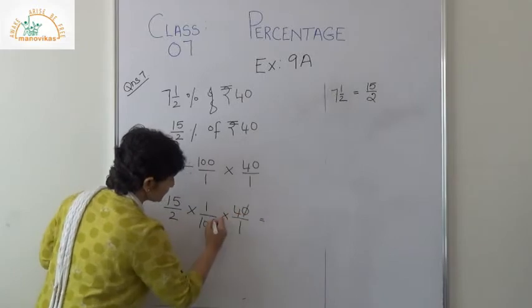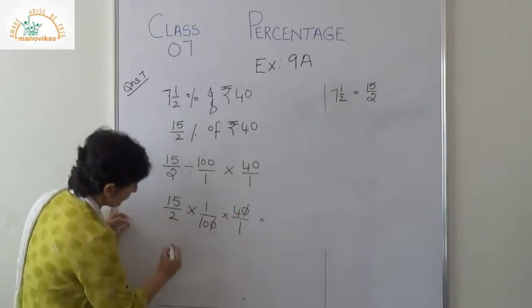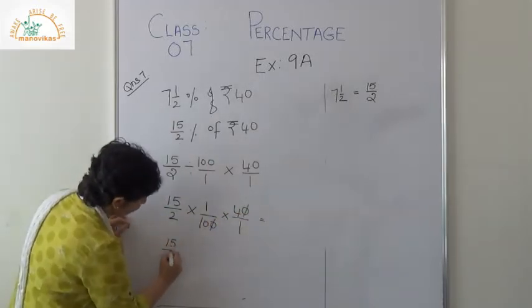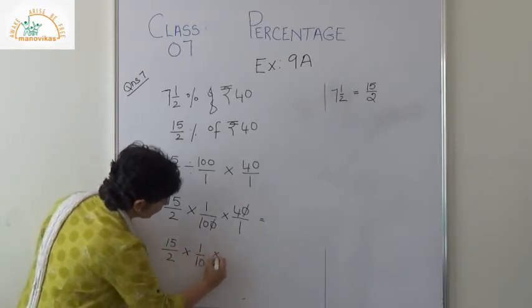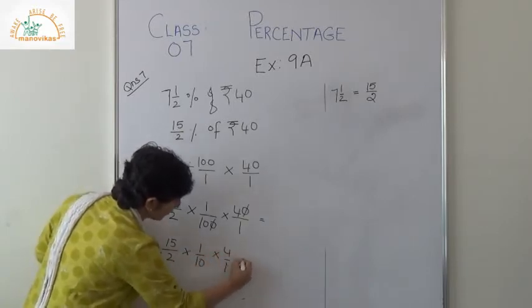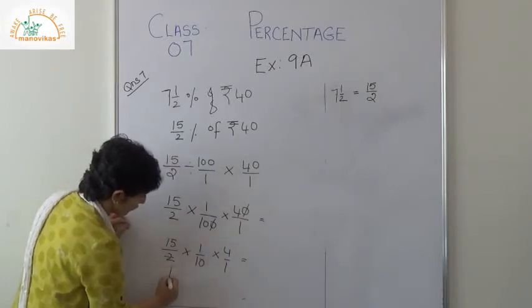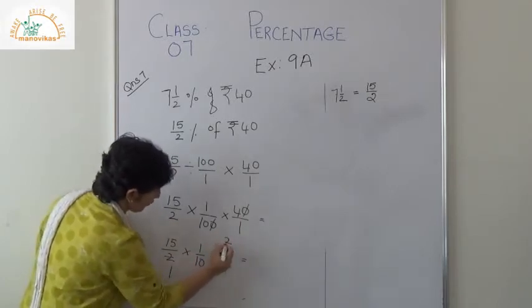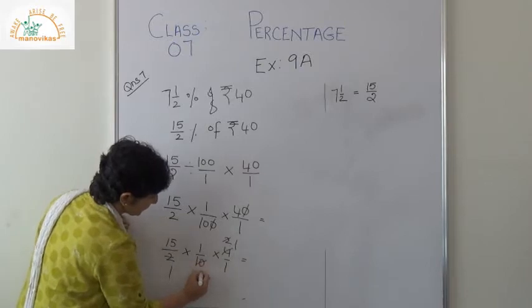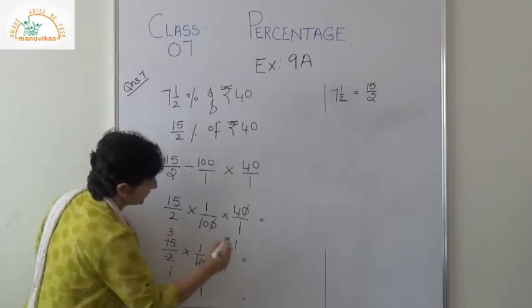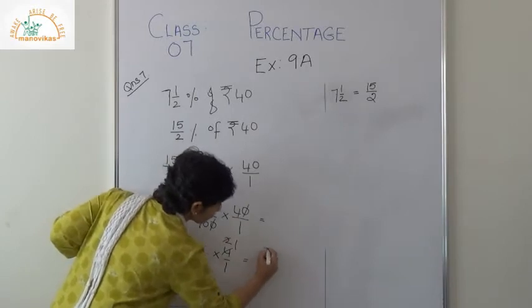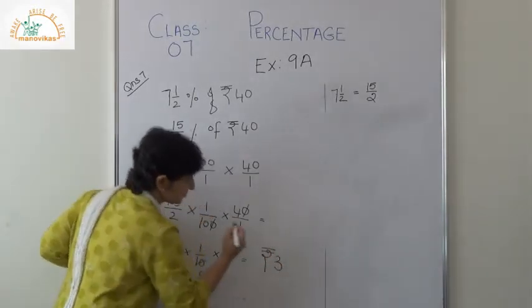When I reduce, this 0 gets cancelled with this. What am I left with, children? 15 upon 2 into 1 upon 10 into 4 upon 1. So when I reduce, 2 2s are 4, 2 5s are 10, 5 3s are 15. So my answer is rupees 3.